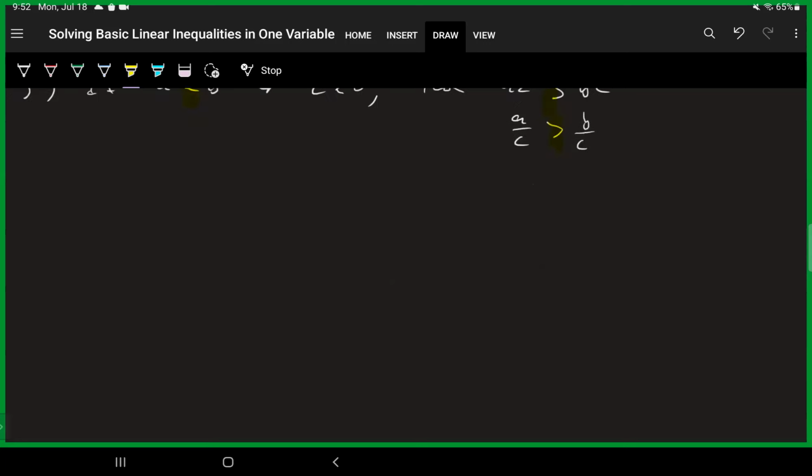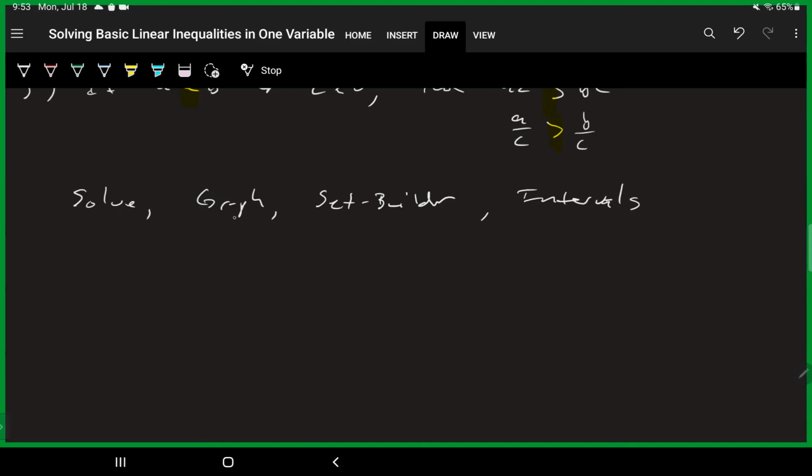So let's take a look at some examples. And for instructions, we are going to solve, graph, and write set builder and intervals or interval notation. So we're going to see how to solve things. We're going to talk about graphing it.